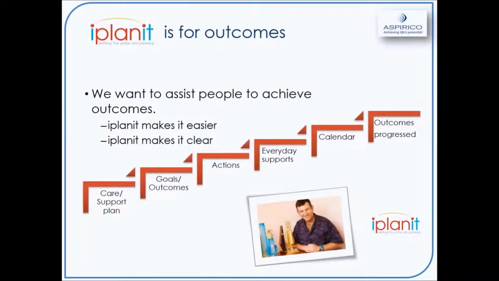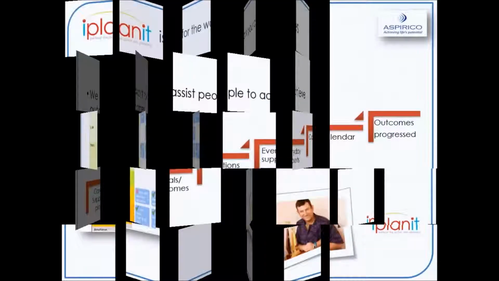So iplanit is for outcomes. We want to assist people to achieve outcomes. iplanit makes it easier. iplanit makes it clear. It helps you keep track of the tasks and activities with ease. You can monitor progress, daily notes, manage complex medical and support needs, track important tasks, report and manage incidents, monitor medication administration, record and track risks, manage individual plans, and numerous daily tasks and activities important to organisations, employees and their clients.